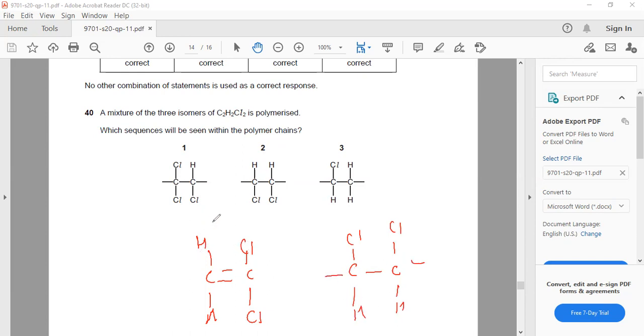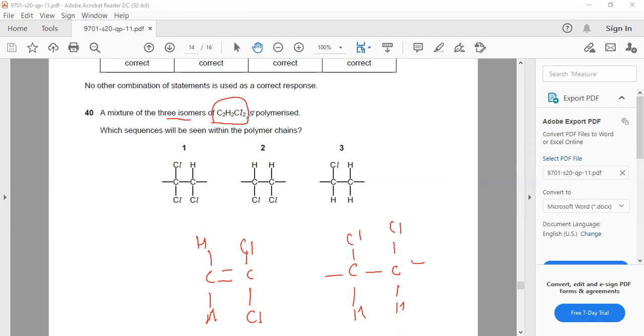Okay, a mixture of three isomers of C2H2Cl2 is formed. Okay, my back is low. So in 40, what do you suggest by looking at the monomers? Right? All three are correct.